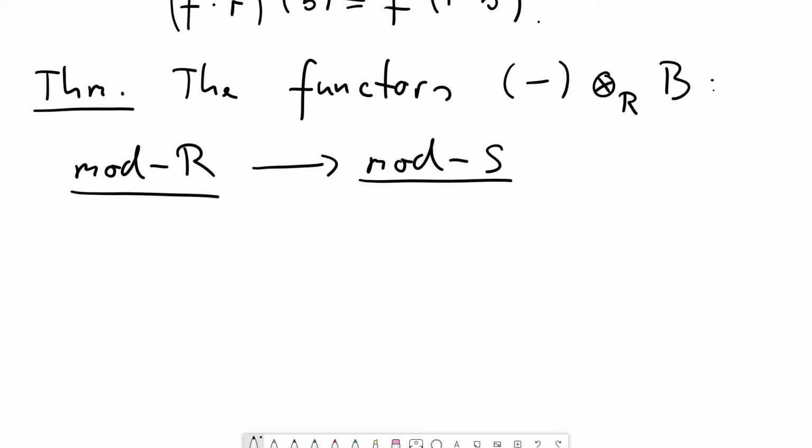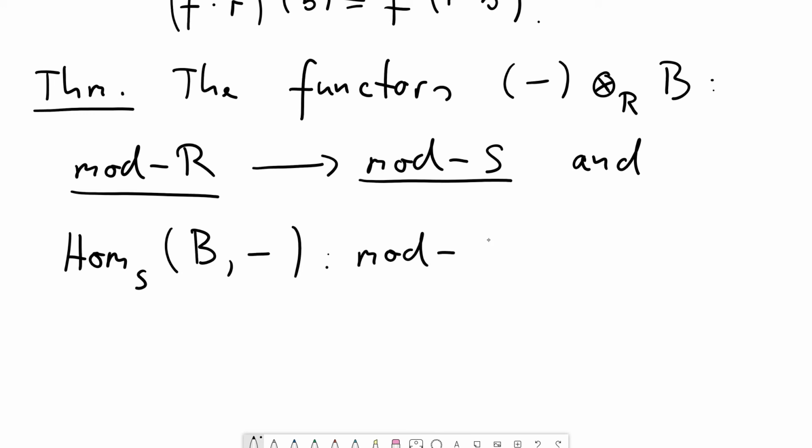So I get a functor from right R modules to right S modules, and the Hom set gives me a functor in the other direction. So the S module homomorphisms from B comma blank, so to some variable right S module, that gives me a functor from the category of right S modules.